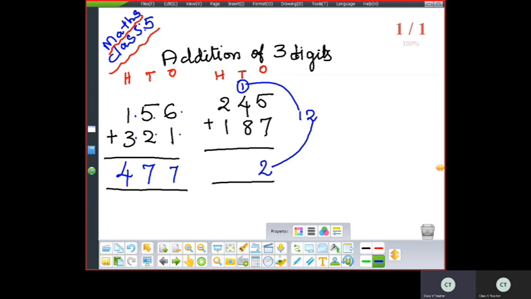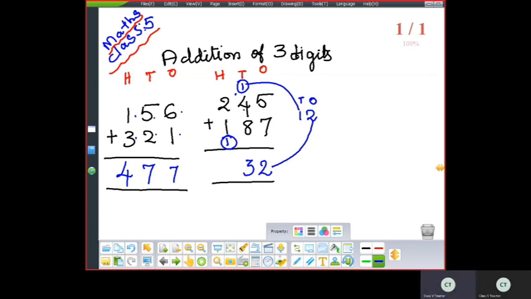So 12, you can see that this is tens and this is 1. So this tens number I am keeping on the 10 side. Now 4 plus 1, 5. 5 plus 8, 13. 3 again, 1 on the 100 side. The carryover part, if beside numbers are there, keep the carryover on the beside number. Only a single number will be written in the same place.